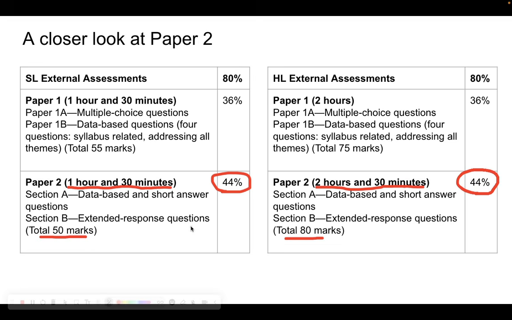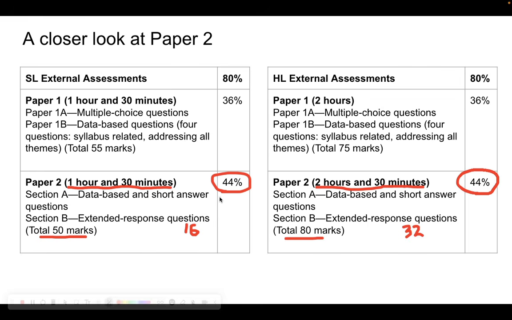The extended response questions are 16 points out of 50 on the SL exam, and the extended response section B is 32 points out of 80 on the HL exam.